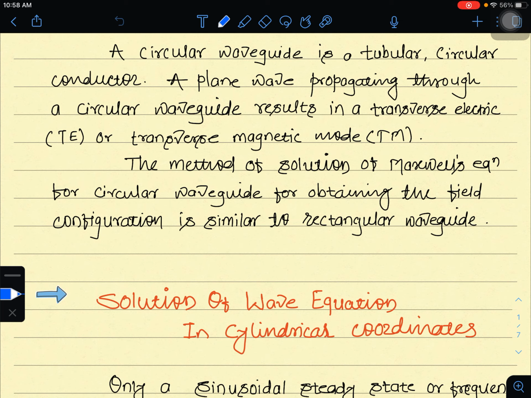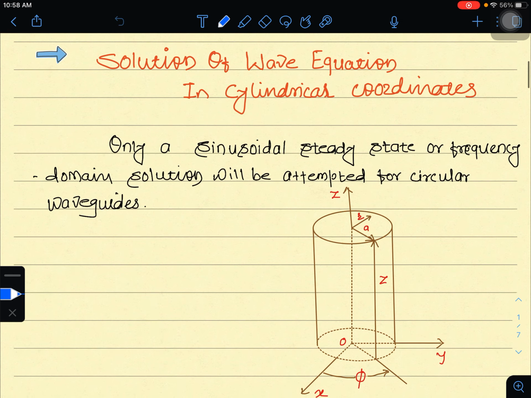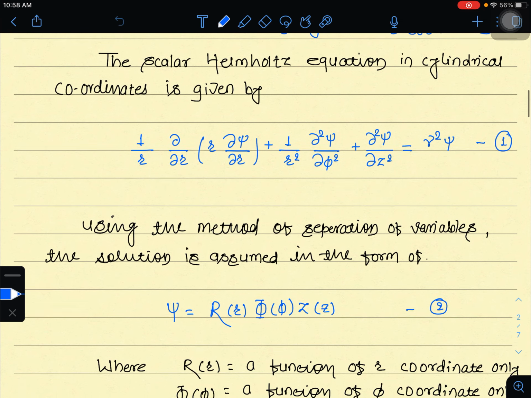Another name for the circular waveguide is the cylindrical waveguide. The previous lecture gave us the solution of the wave equation in cylindrical coordinates.